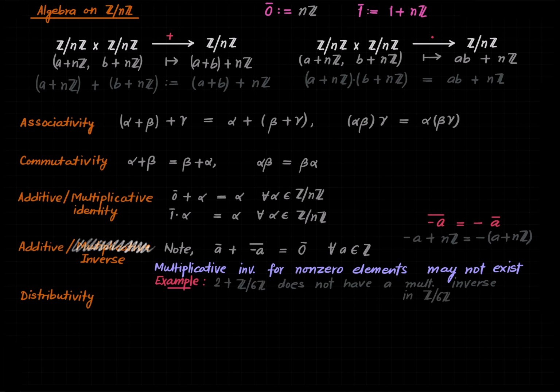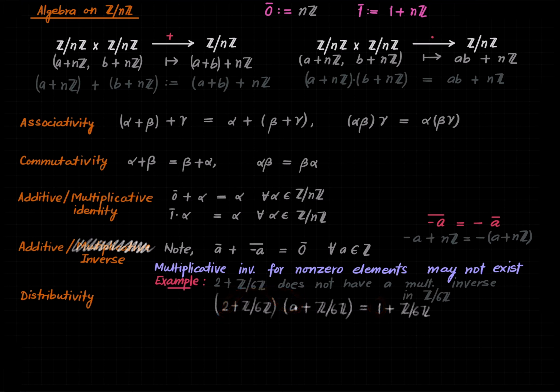The reason is very simple. If it were the case that 2 plus 6Z times something a plus 6Z is 1 plus 6Z, if this happened for some a, then what does that mean? It means that 2a is congruent to 1 modulo 6.